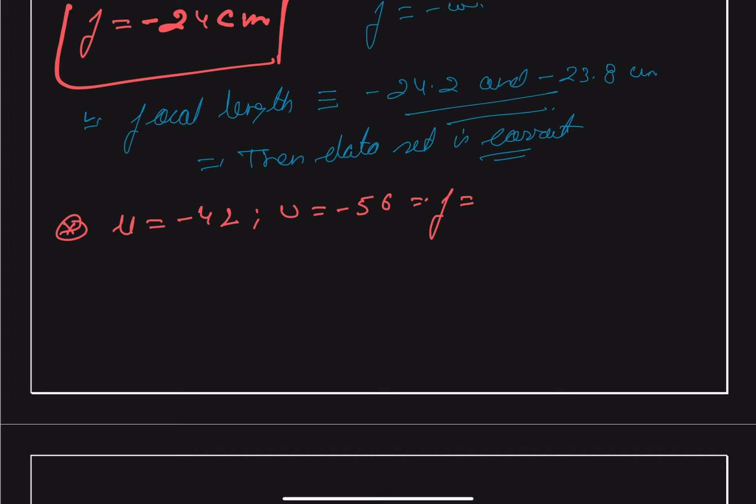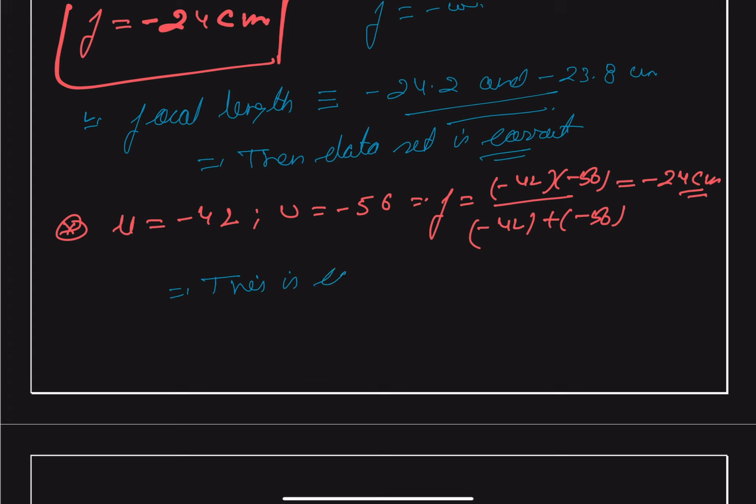So f will be coming as minus 42 multiplied by minus 56 divided by minus 42 plus minus 56. This comes as minus 24 centimeters. And the focal length range is 24.2 to 23.8, so this lies in the range. That means this is correct, and we have to find out the incorrect.